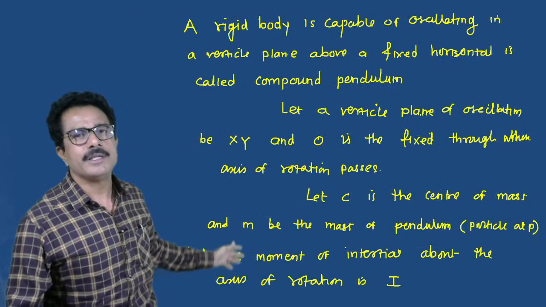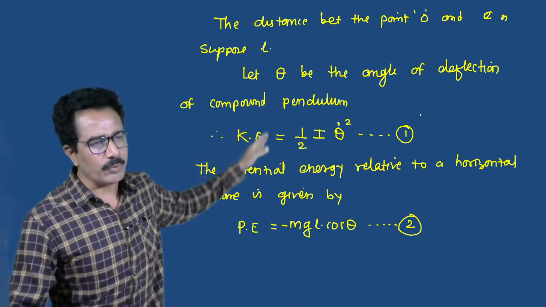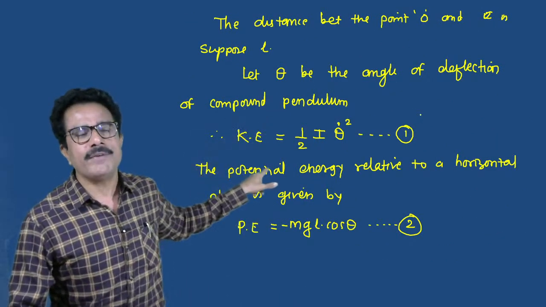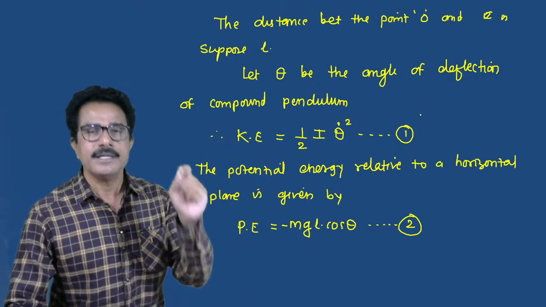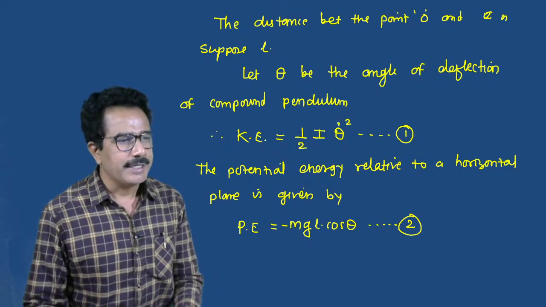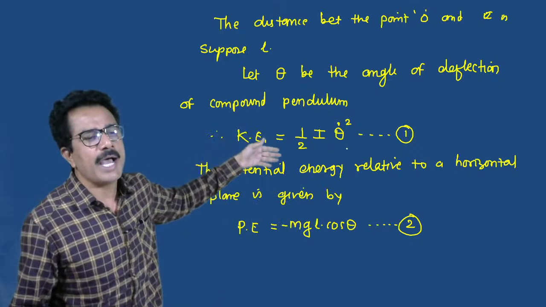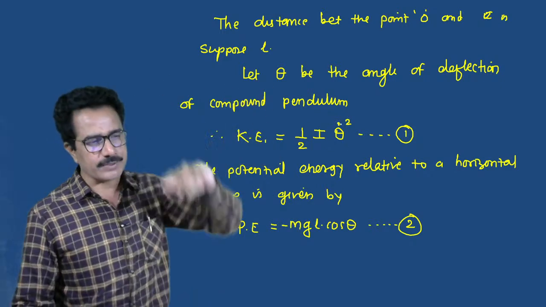See, this is a very interesting problem, that is Lagrange's equation of motion of a compound pendulum. If the moment of inertia is I, then the kinetic energy, denoted by T, is given by 1 by 2 I theta dot square.